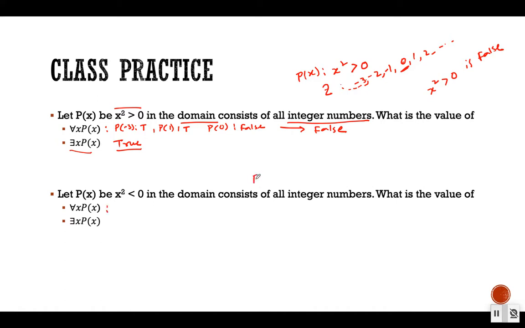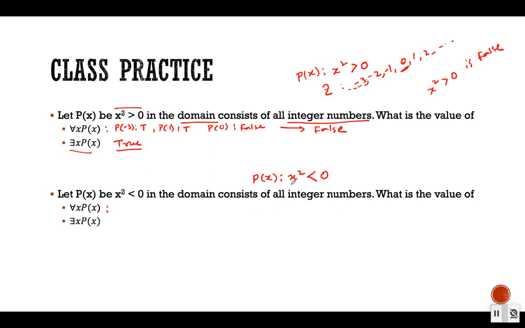Now let's see this one. In this example, we have P(x) for which x² is less than 0. For all x, P(x), our domain consists of all integer numbers.